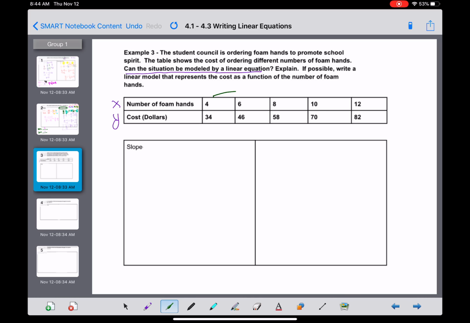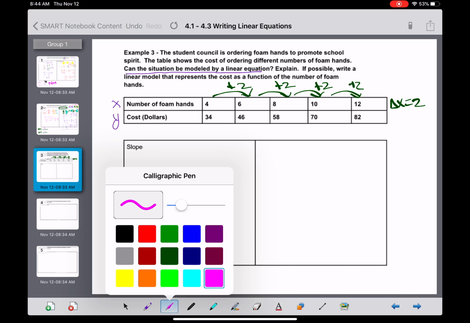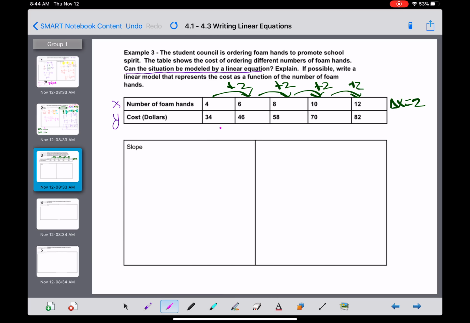My x values are going up by 2, up by 2, up by 2, up by 2. So my change in x is 2. My y values are increasing by 12 between every single interval. Therefore, my change in y is 12.